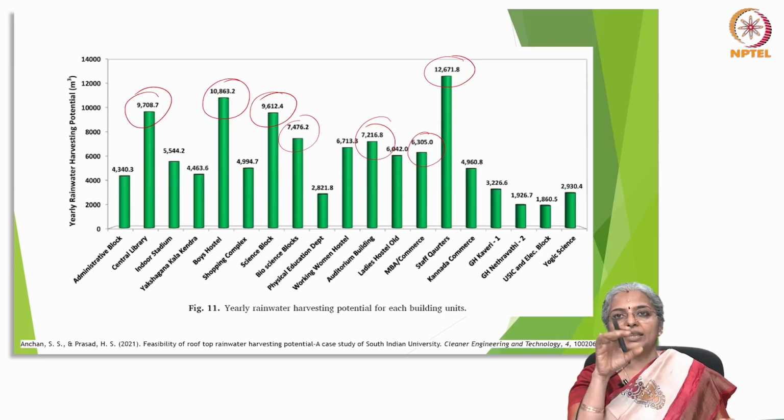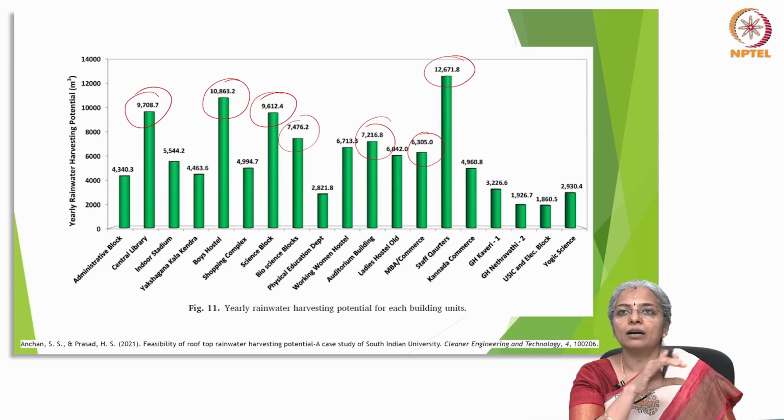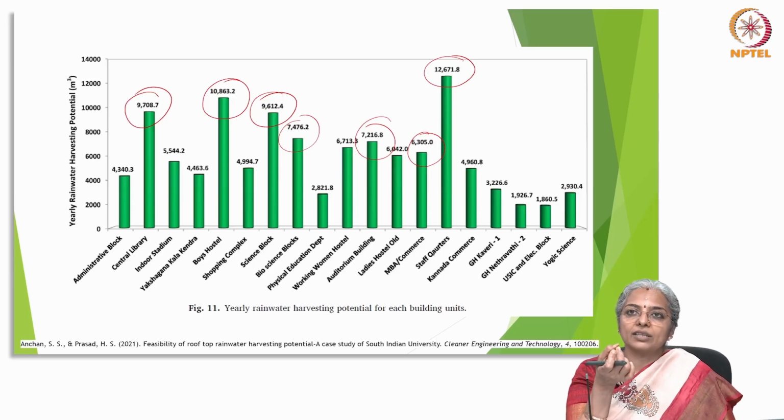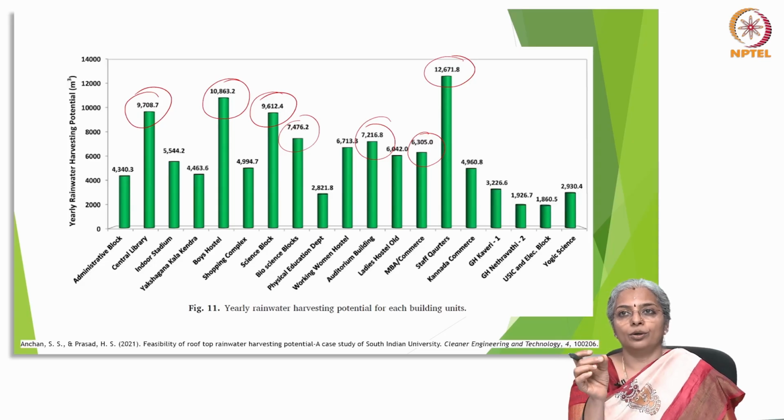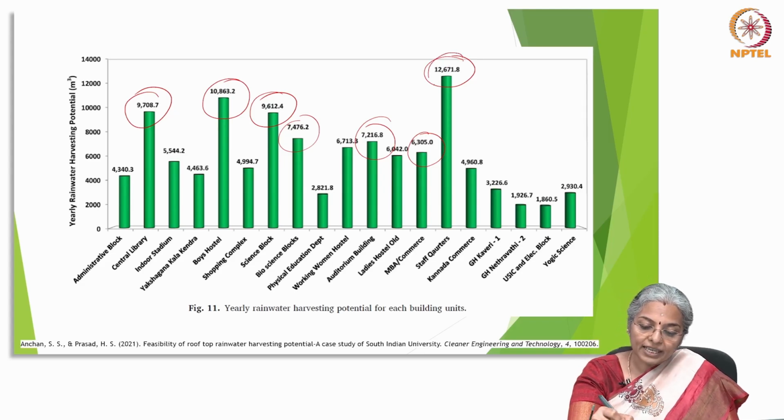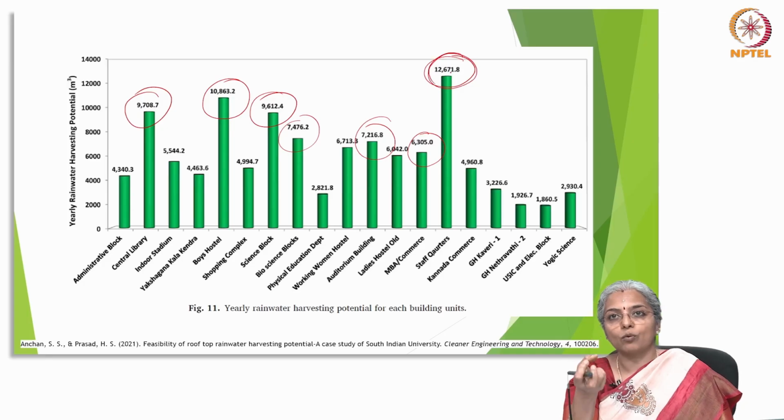So, the calculations revealed that a lot of water can be harvested from rooftop runoff. For example, if the staff quarters had a large rooftop area, that alone could collect up to 12,671.8 meter cube of water per year. So, the potential of collecting water was very high from some of the buildings, as I have shown.